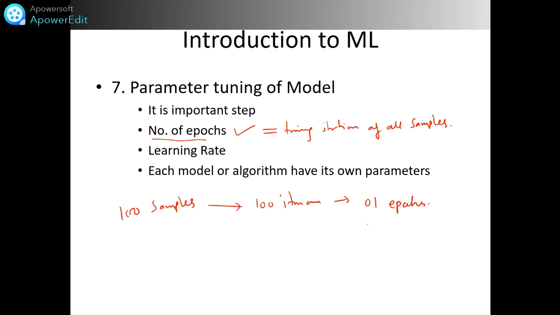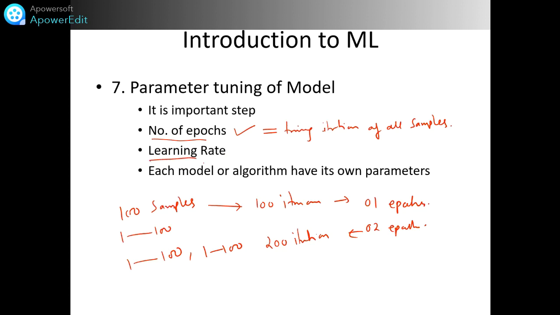If you are doing two epoch training, it means you have executed 200 iterations: once you are done with samples 1 to 100, again you have to start from 1 to 100. Same data you are giving again and again to the model, so you may increase the epochs to train the model better, and you can also modify the learning rate.